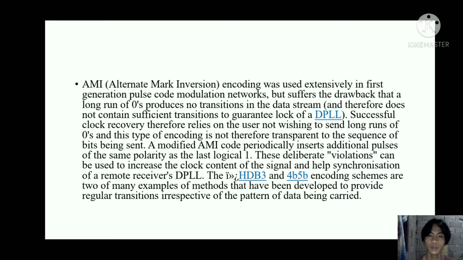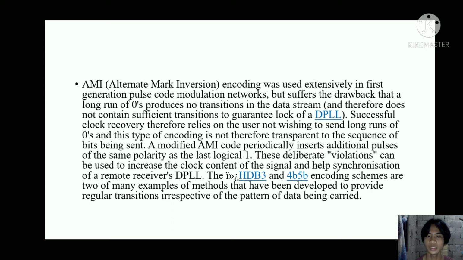A modified AMI code periodically inserts additional pulses of the same polarity as the last logical one. This deliberate violation can be used to increase the clock content of the signal and help synchronization of a remote receiver DPLL.